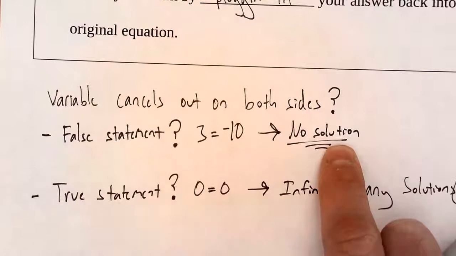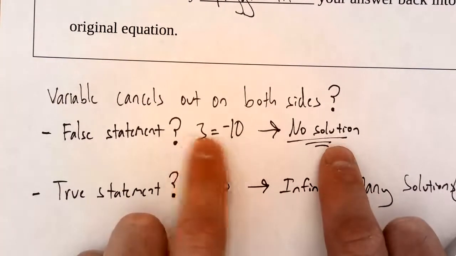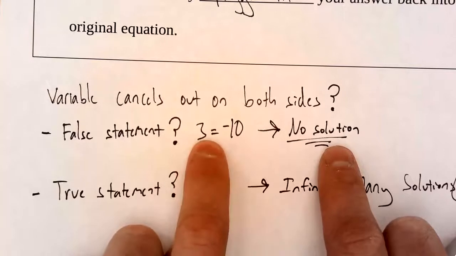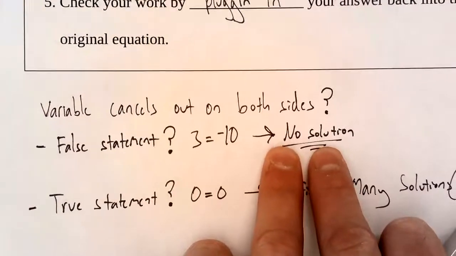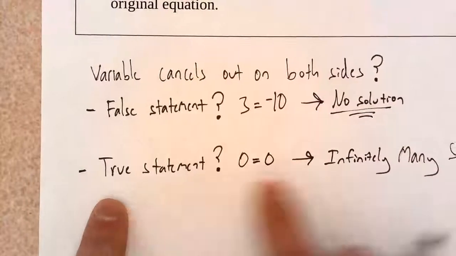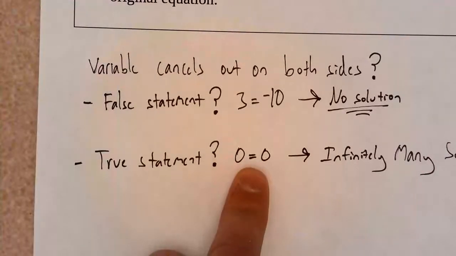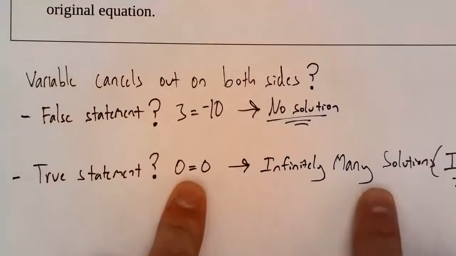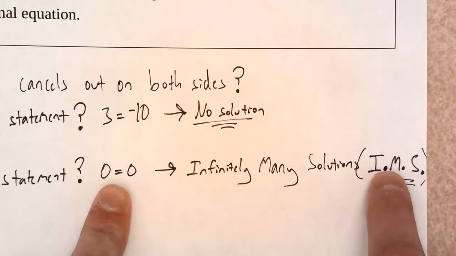We had a false statement: 1 did not equal negative 1. Another example is 3 does not equal negative 10. That's false, so I have no solution. Now, if I end up with a true statement, for example 0 equals 0, we call that infinitely many solutions, or as a shortcut, we write I.M.S.